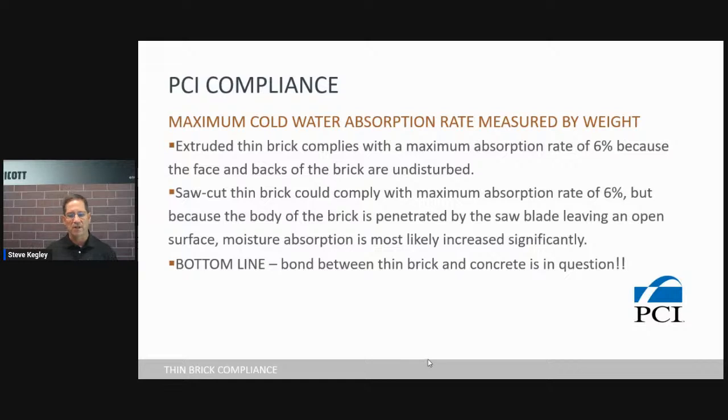Okay, so that bond between that thin brick and that concrete is critical. And most modular size thin brick, I have never done the math for utility size or the big 16s, but I would say anywhere between 57 and 59% of the brick is embedded in concrete. So it's a critical factor.